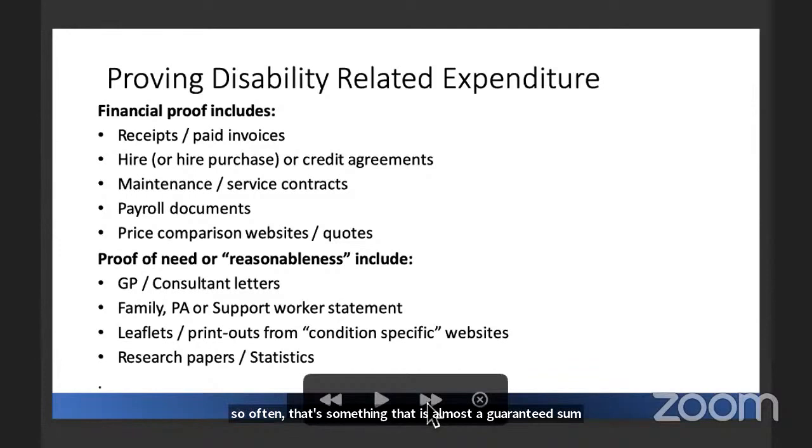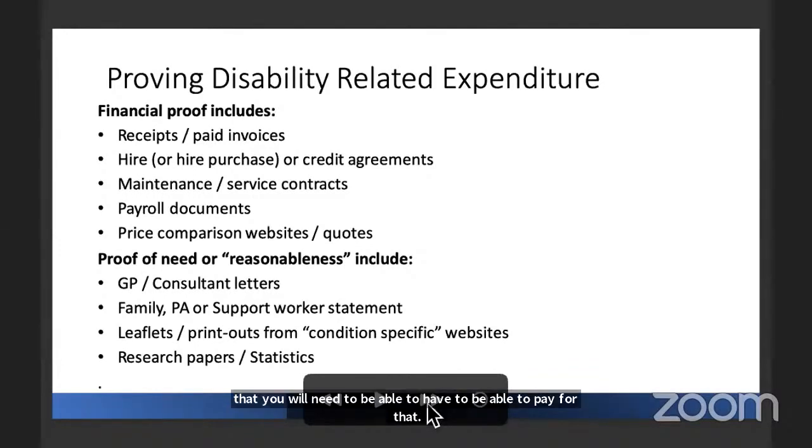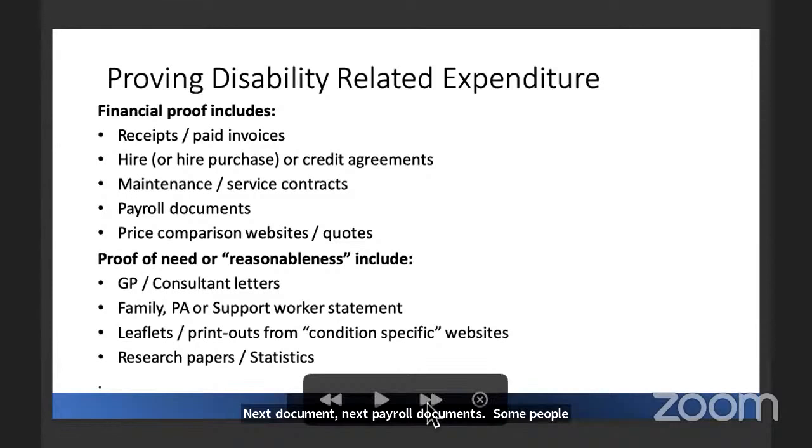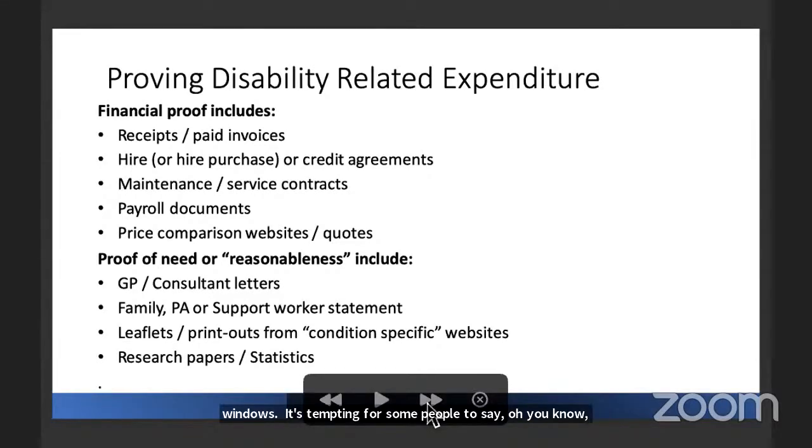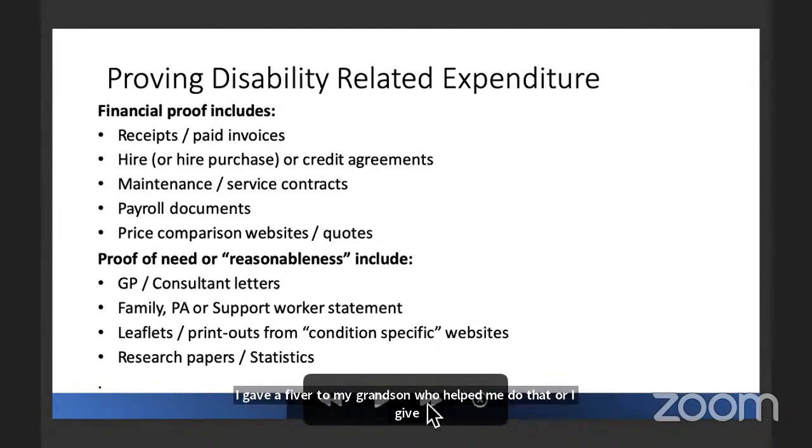I've next put payroll documents, because some people will pay for additional care and support or help to do the garden or the windows. And it's tempting for some people to say, oh, I gave £5 to my grandson who helped me do that, or I give my neighbour £20 a week to do whatever for me.